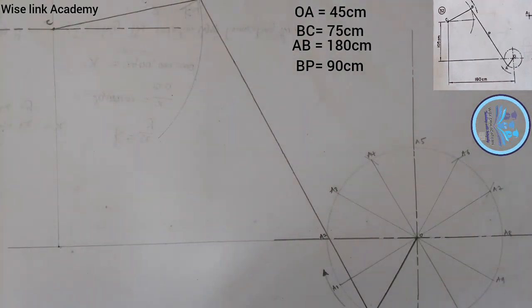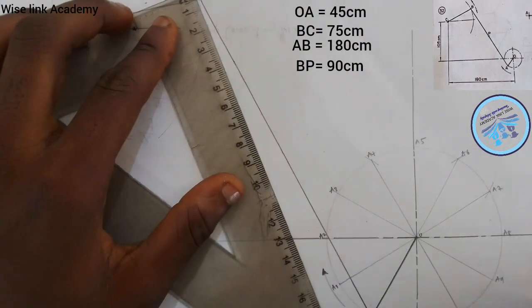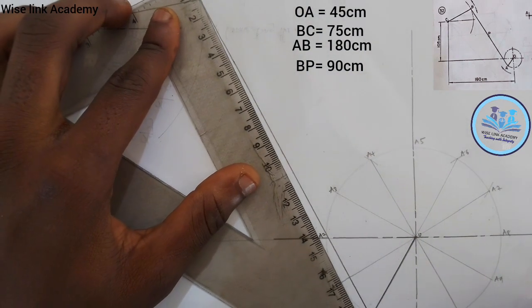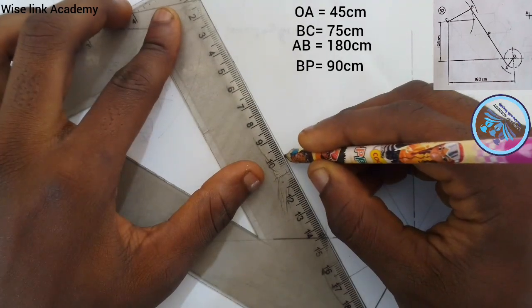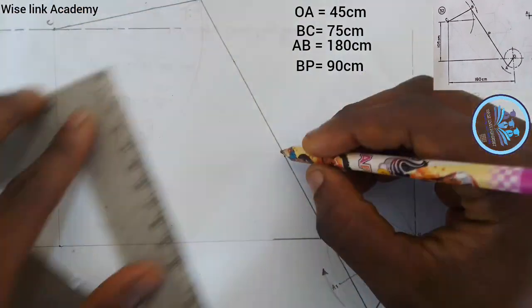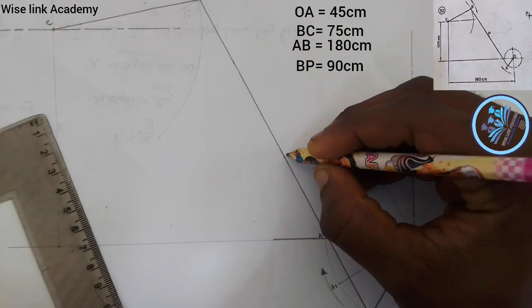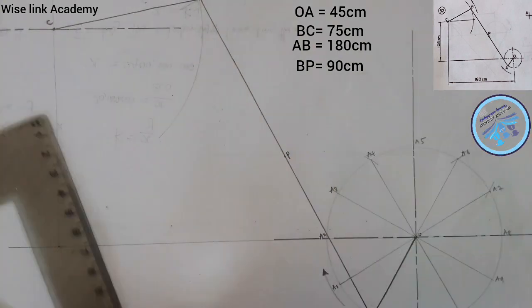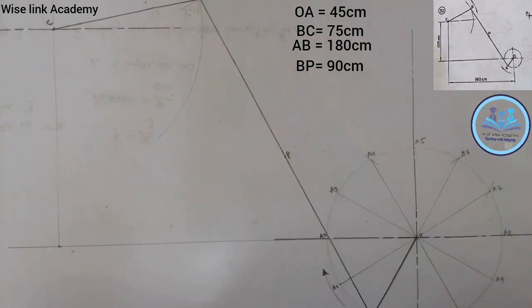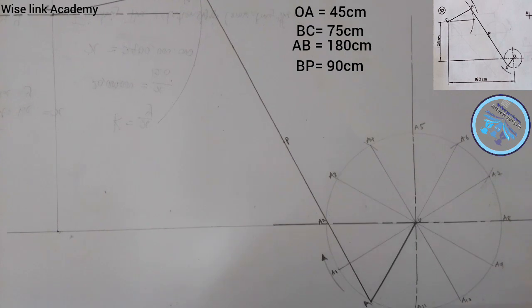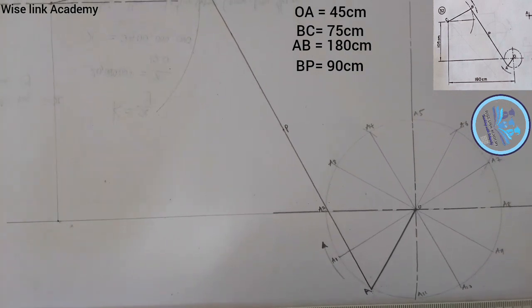I'll take my meter rule and measure out my 90 this way. From this point here to somewhere here is 90, as you can see. So here is my point P. So now I have successfully located all those points, as you can see at the right corner of the screen.